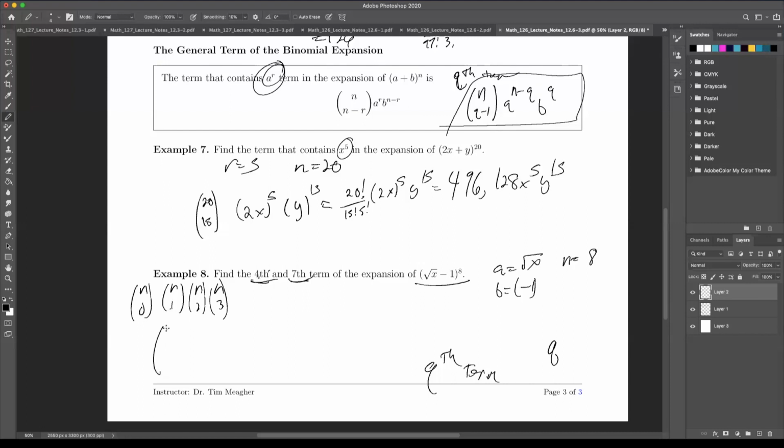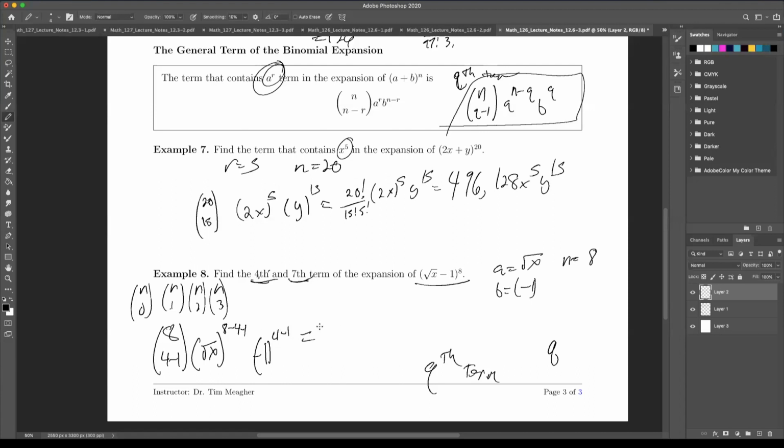So here, a is 8. Here we're going to type in 8 choose 4 minus 1 times a, which is square root of x, to the 8 minus 4 minus 1, times b to the 4 minus 1. And b here, we know what b is, it's negative 1, to the 4 minus 1.